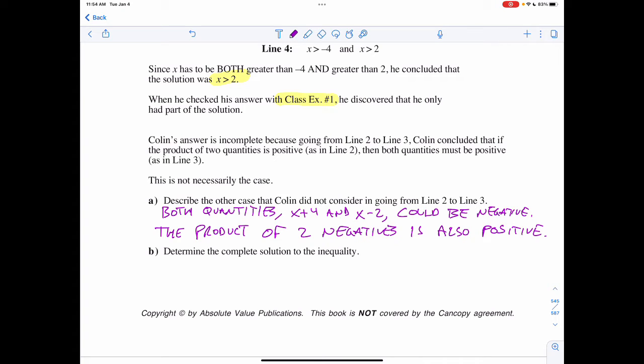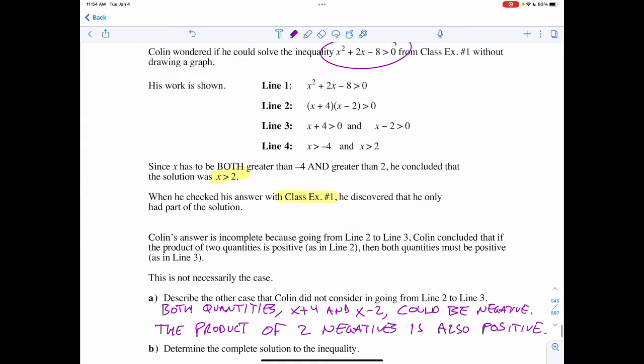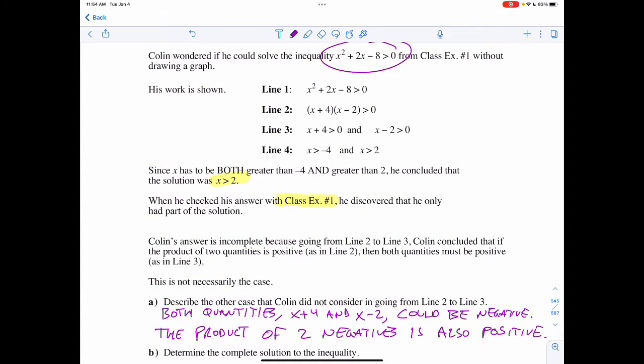If I take that idea, then I can split off and have a second portion that exists once we get to line 3. I could say, well, what if they were both negative? Then x plus 4 would be less than 0, and x minus 2 would be less than 0, which means that x would be less than negative 4, and x would be less than 2.